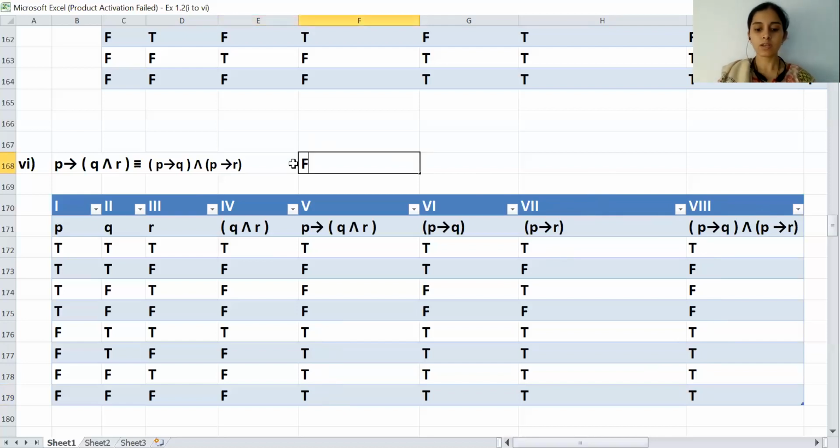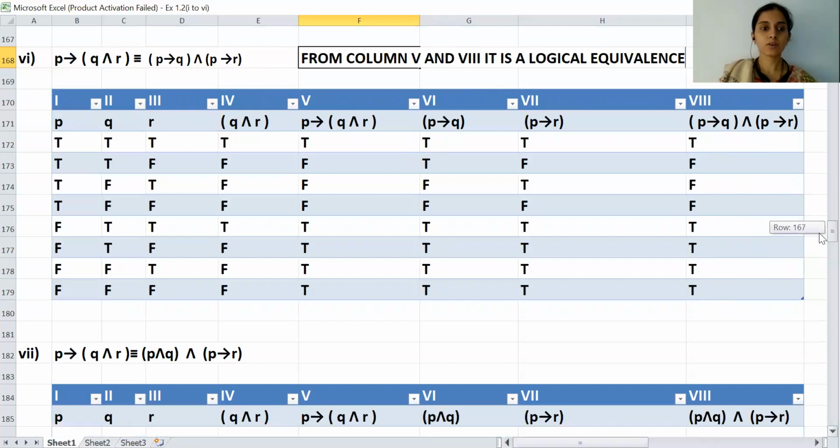Columns 5 and 8 are identical, so it is a logical equivalence. This is your sixth problem.